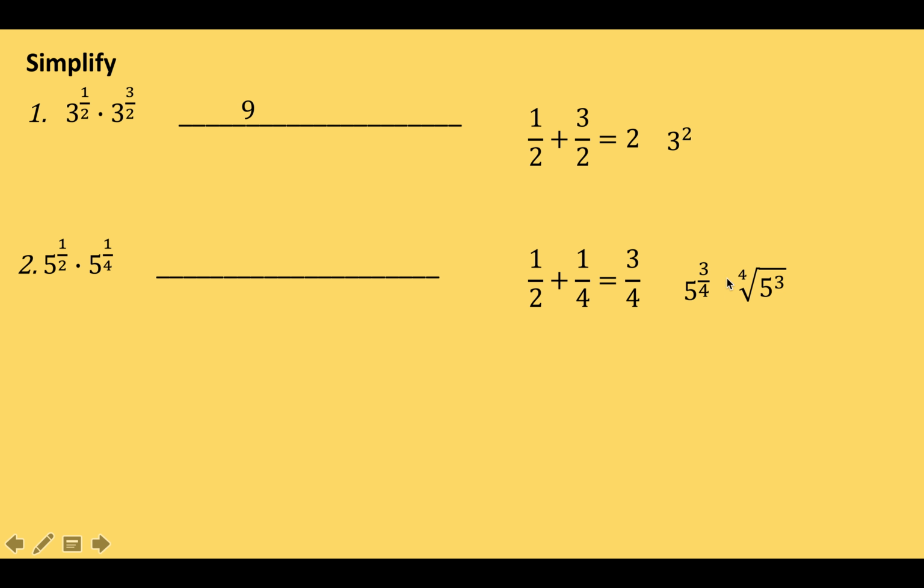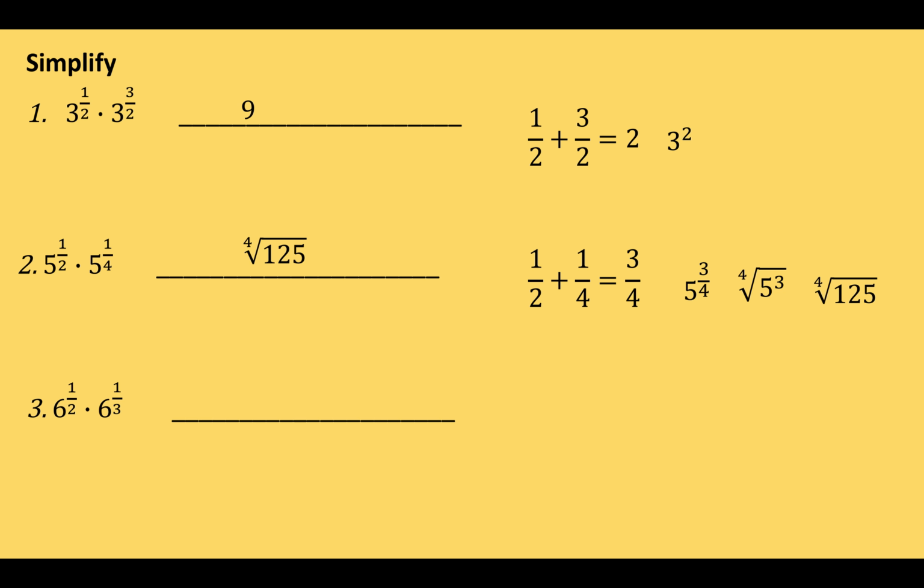Once we get here, because this is a fraction, we put our 4 on the outside of our radical, and our 3 stays in our numerator, so it stays as the exponent. Simplifying our 5 to the 3rd, we have 125, and our radical stays to the 4th root.